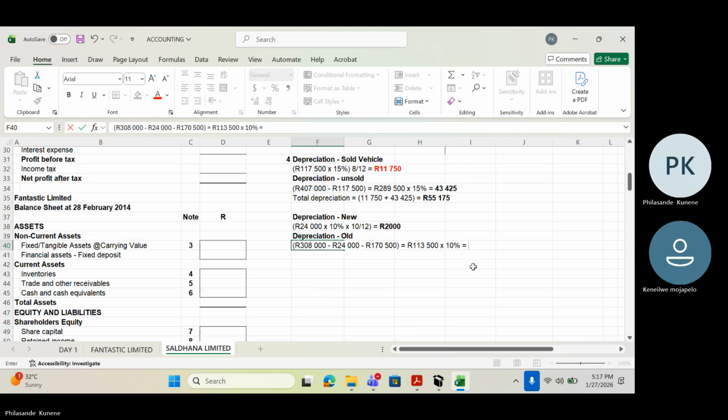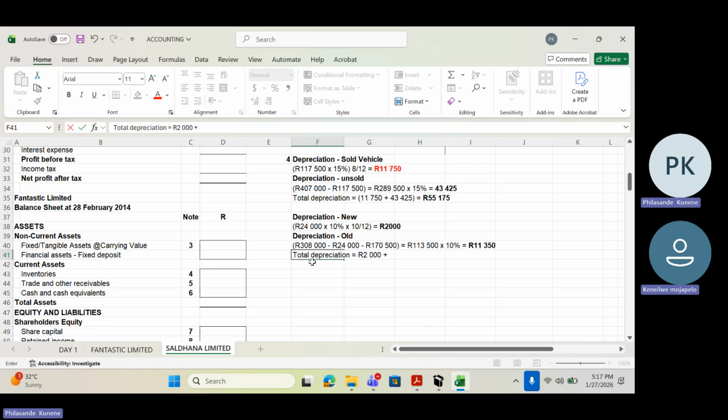11,350. That is the depreciation for the old equipment. So now if I calculate my total depreciation, what am I going to get? 11,000 plus 2,350.